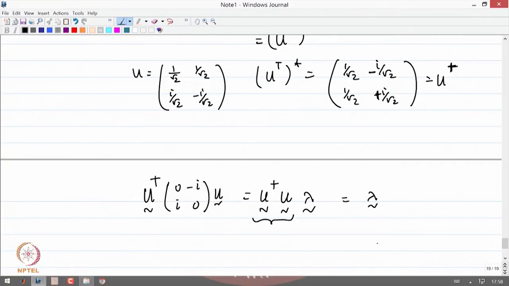So eigenvalues are still real, eigenvectors are now complex. Eigenvalues of a Hermitian matrix will always be real, there is a very easy proof to do that. I will not do it now, maybe I will give it as an assignment or a problem. Therefore eigenvalues of these are all real, since they are Hermitian matrices, 0 minus I 0 is a Hermitian matrix.